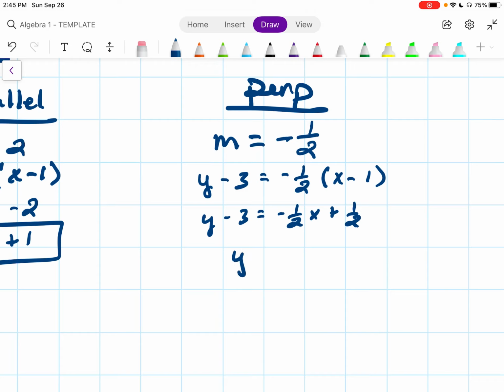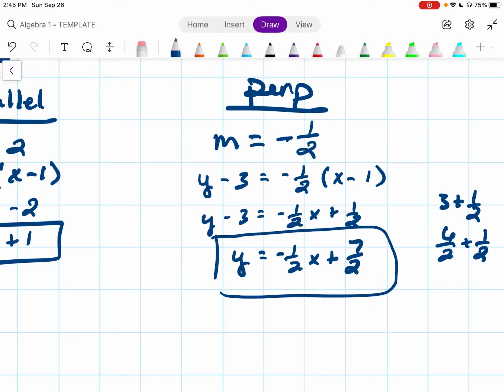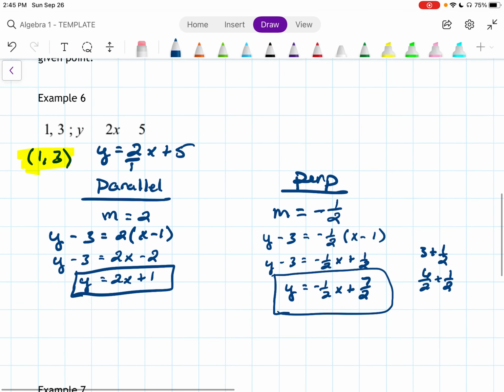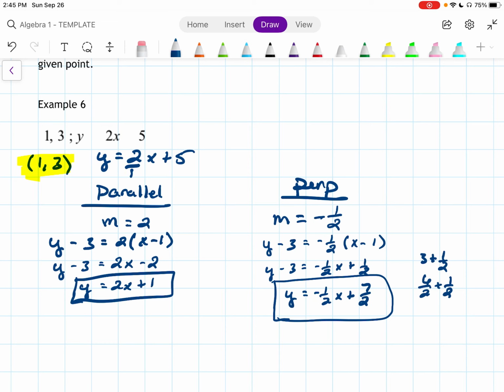Adding the 3 over, I'll have y equals negative 1/2 x plus, well, it's 3 plus 1/2. Putting that in common denominators would be 6/2 and 1/2, which is 7/2. Right. And if you're uncomfortable with that fraction work there, just type it in your calculator. It works just the same. So there are the two answers for us, parallel and perpendicular.